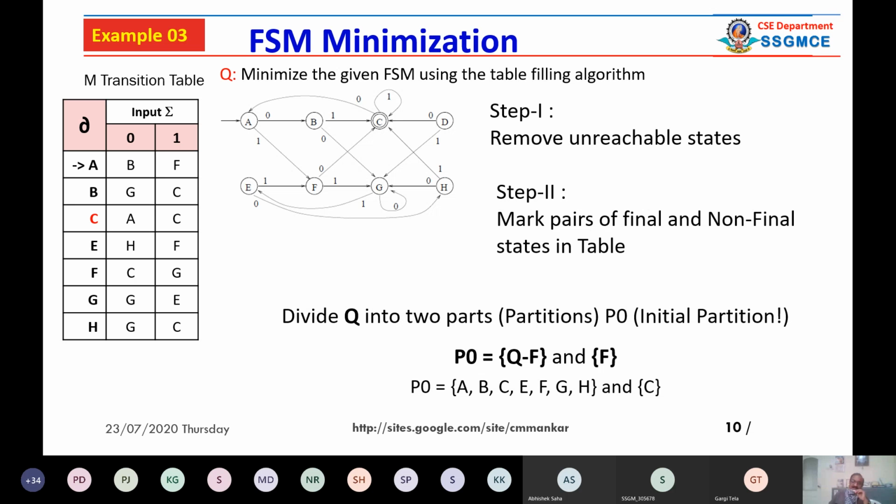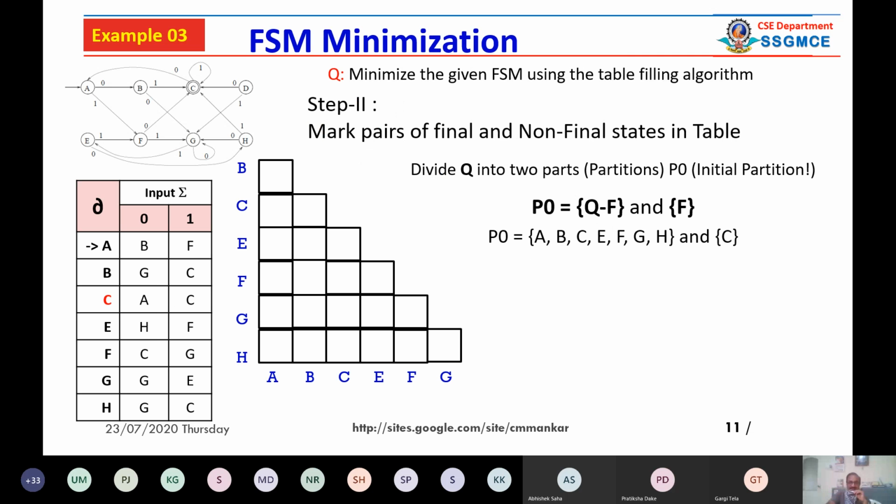Second is that we have to mark the final and non-final states. So let us say P0 is non-final states and F is the final state, capital F. So what we do, we have the triangular matrix. It is like this. It is blank. Please start with the first state, like A, B, C, D, and then vertically start with the second state.